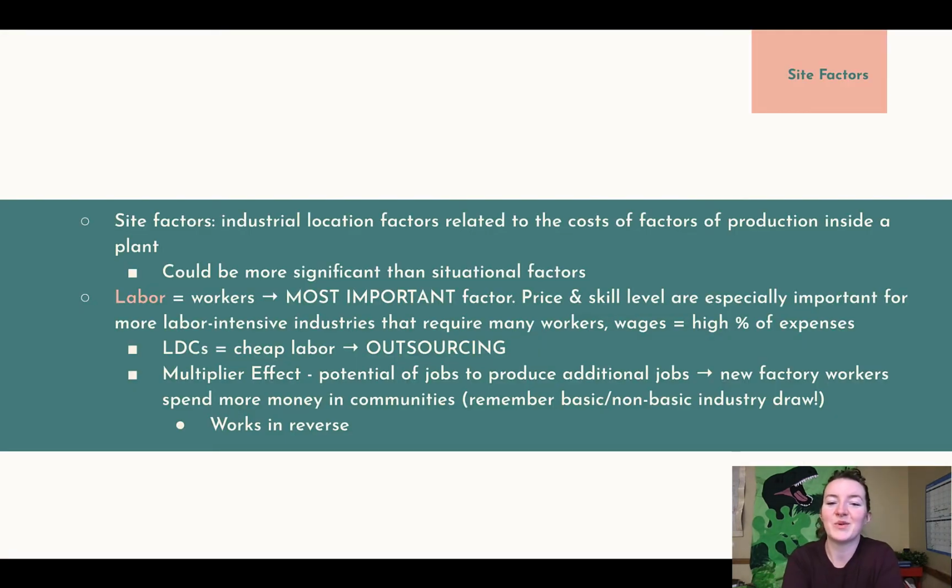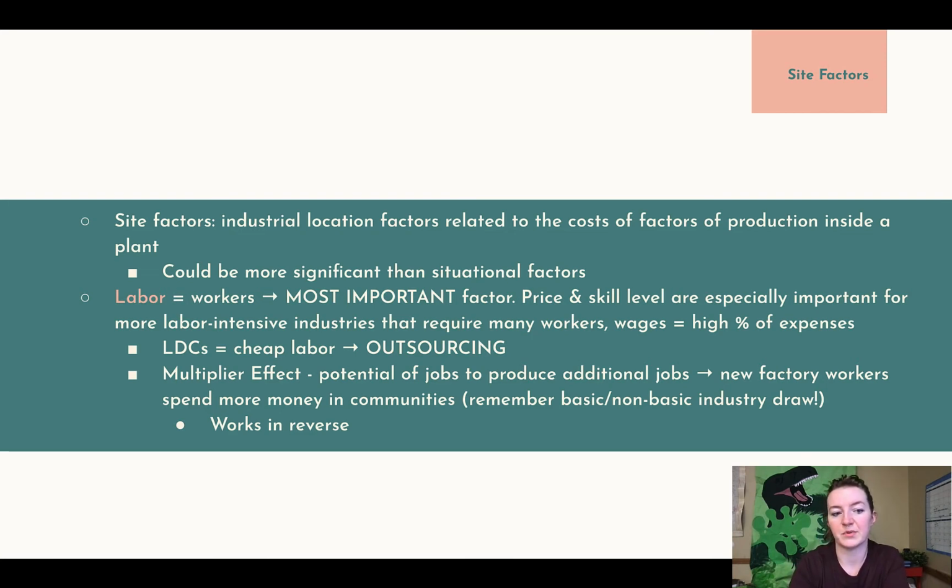Okay, so we looked at situation factors before, and today we're looking at site factors. So site factors include industrial location factors related to the cost of factors of production inside a plant. That's a really confusing sentence, but it's the way that the industrial location factors are connected, the way that we either do more of it or less of it depending on the cost.